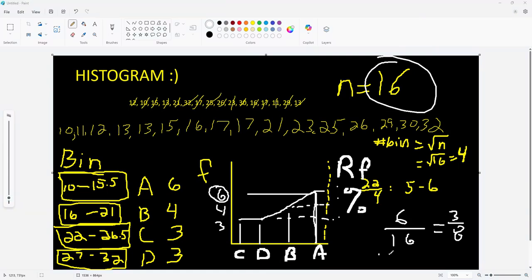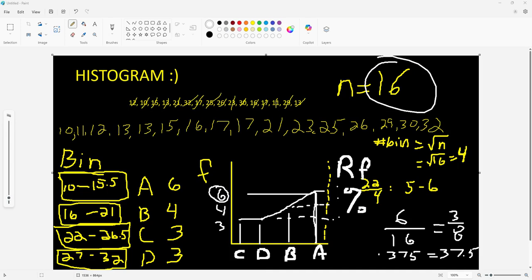And that's 0.375, which is 37.5%. Right, so 37.5 for the 6, well, that's the majority of it. And then, 4/16 is 25%, right? And then 3 divided by 16 is like 18.75% times 2, right? So all that should ideally add up to 100% if you did all the math right. Right, so that is a histogram, and I love them.